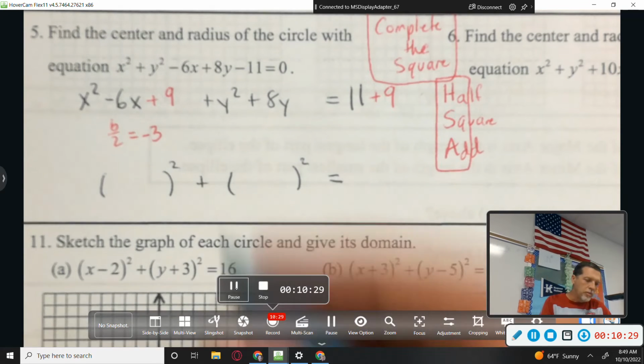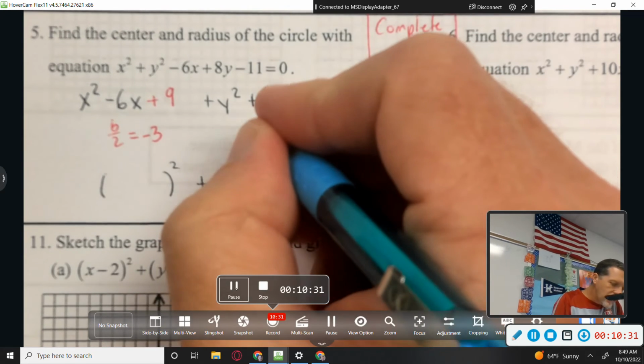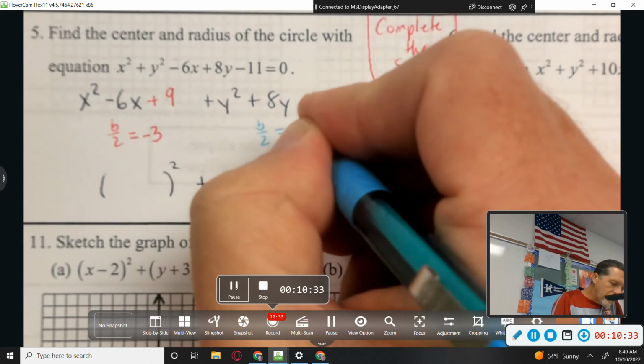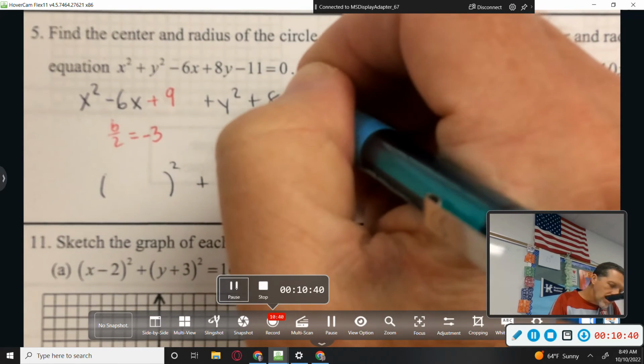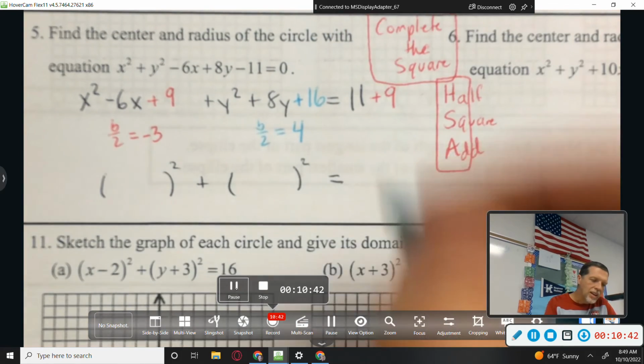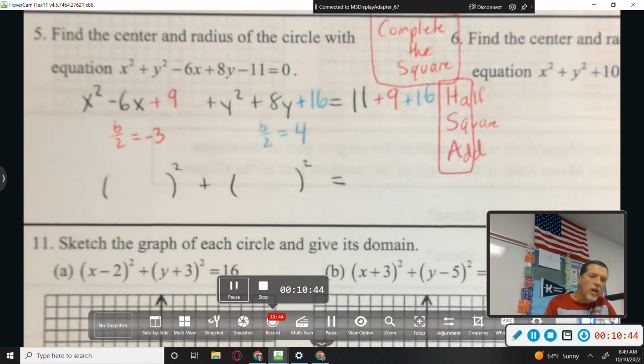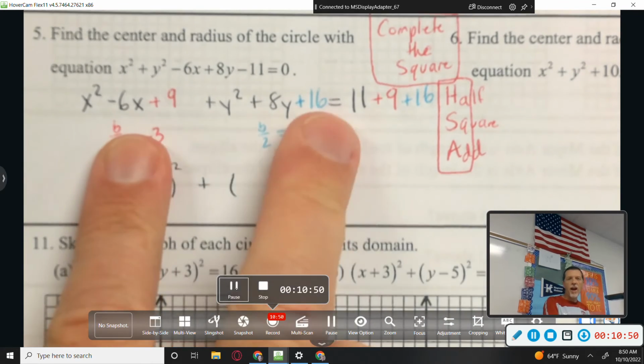And then we'll do the same for the y stuff. So half of b is 4. Square it to complete the square. So plus 16 on both sides. And we're almost there. Now we need to factor the two pieces.